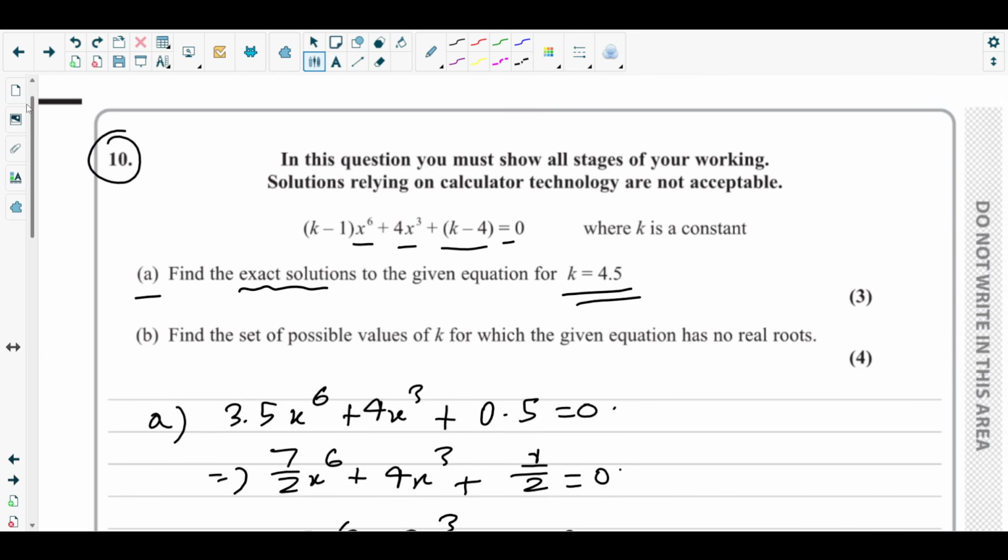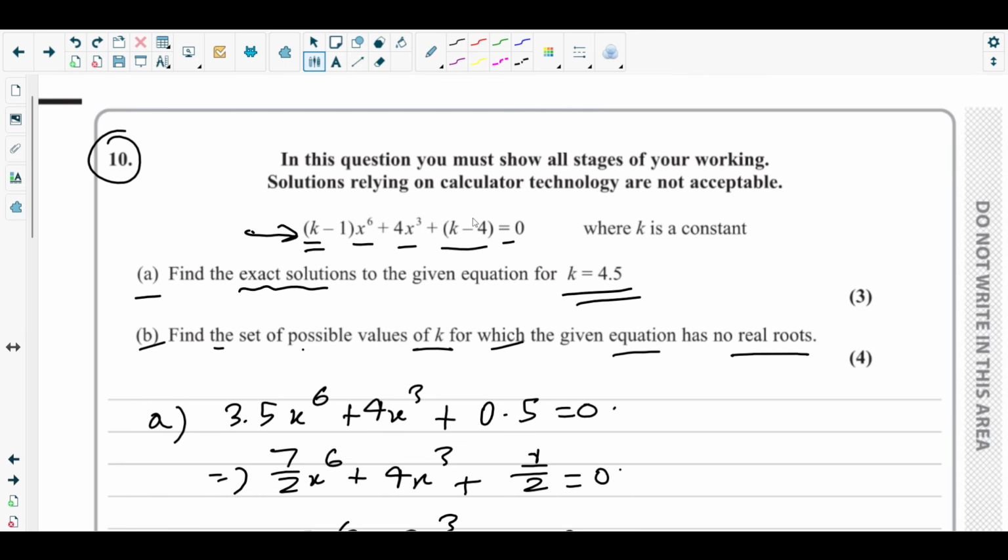Done. Part B: find the set of possible values of k for which the given equation has no roots. Okay, we need to find the range of values for k such that this equation will have no roots.